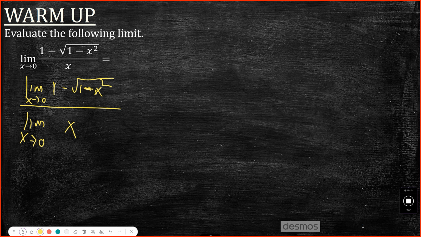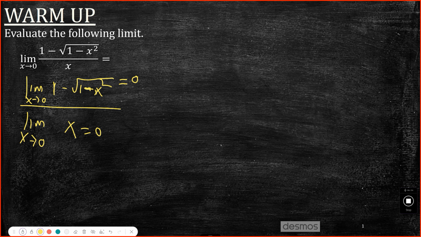So the limit as x approaches 0 of this is 0 if I plug it in. And if I plug it in here, the limit as x approaches 0 is 0. The limits are 0. So if you get a limit of 0 over 0, it's called indeterminate. So we are allowed to do other things.